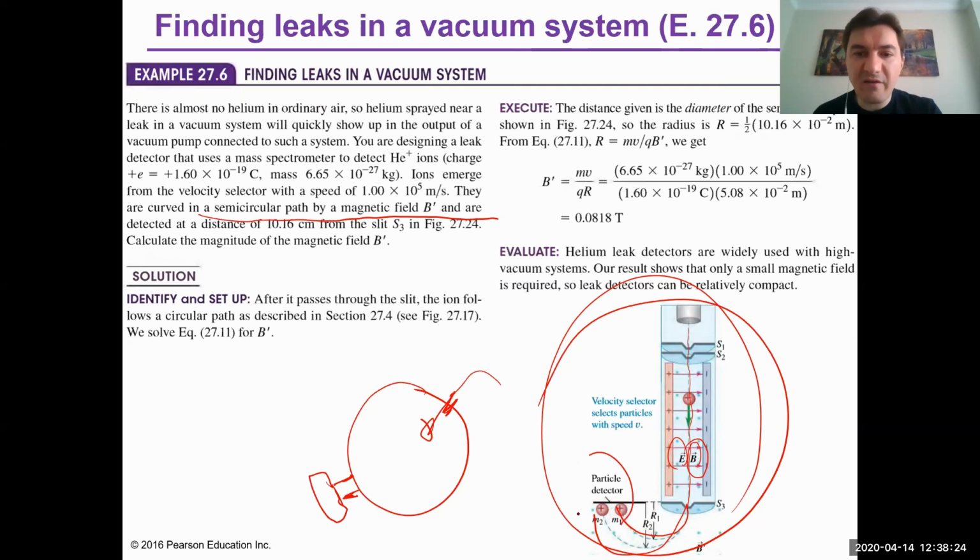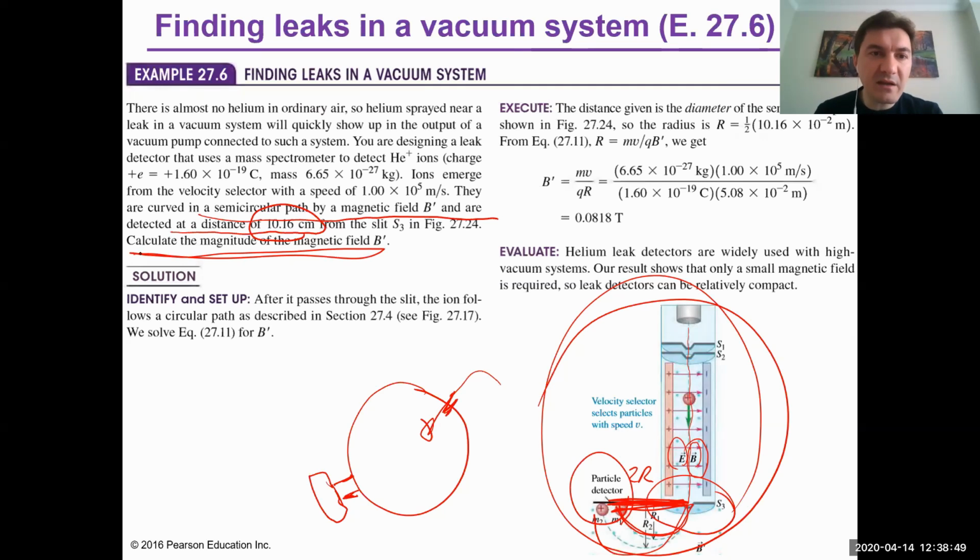So they have semicircular paths due to a magnetic field B. And here we have a particle detector. They are detected at a distance of 0.16 centimeter from the slit here. So this is the distance. Actually, this distance is given by 2r, the diameter of the semicircular path. Then calculate the magnitude of the magnetic field.